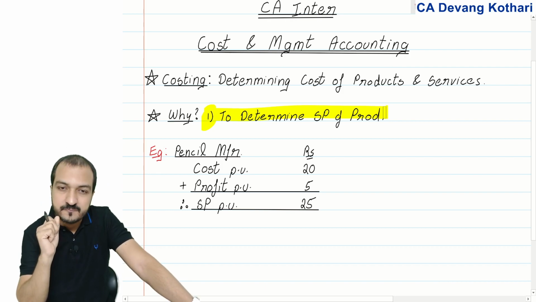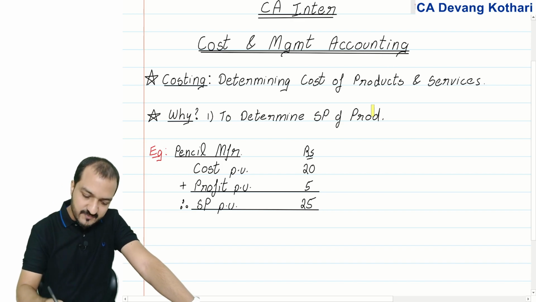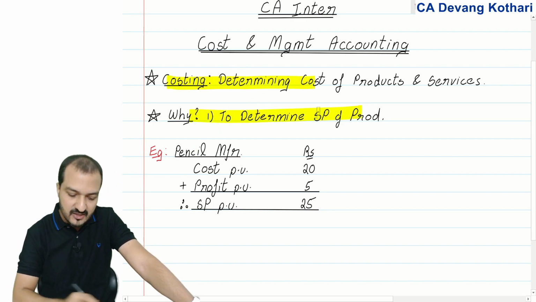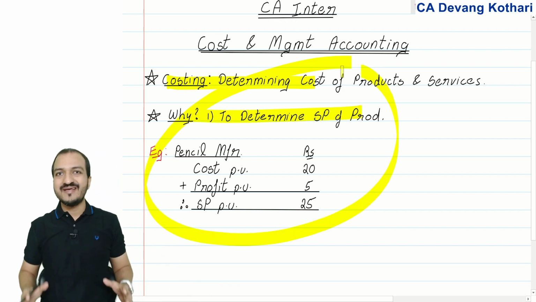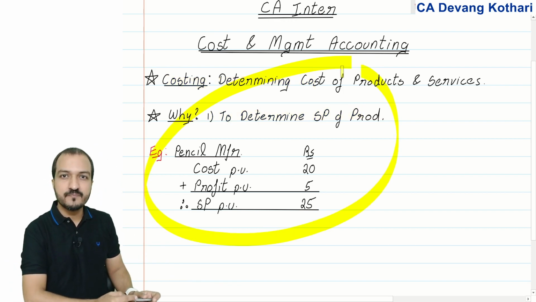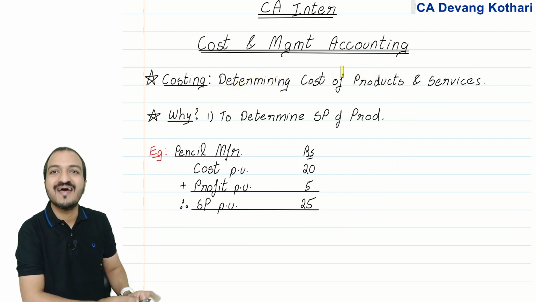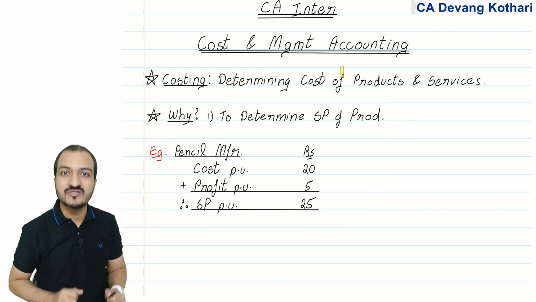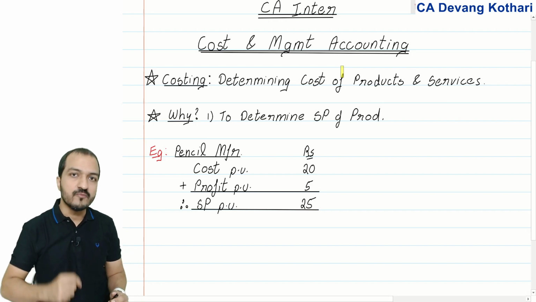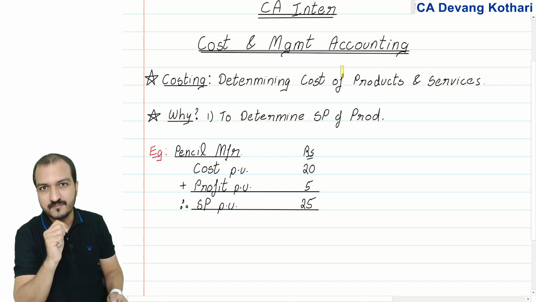But right now, starting with this purpose, I have some other questions for you. So now listen to this. If this is my subject of costing, this is my purpose for the subject of costing, then based on this explanation, based on this example, think and tell me, how is my subject of costing different from your subject of accounting?